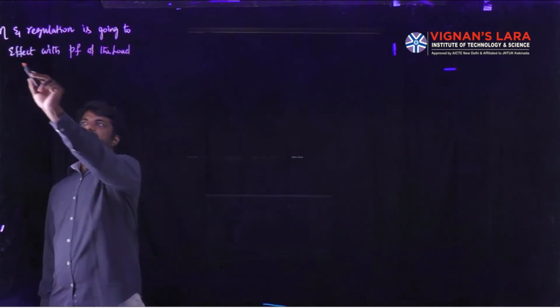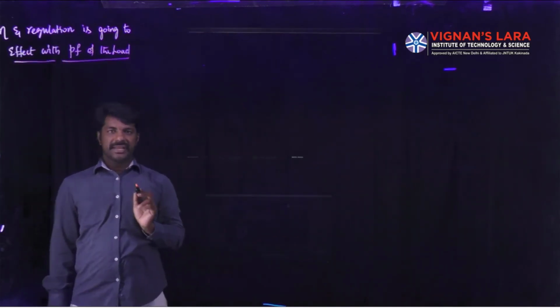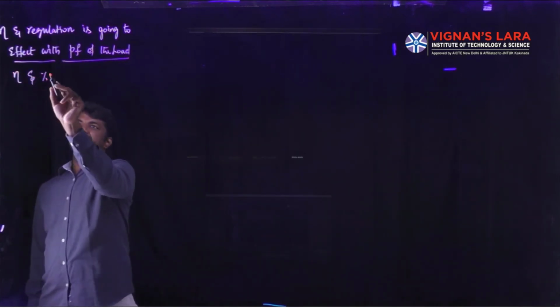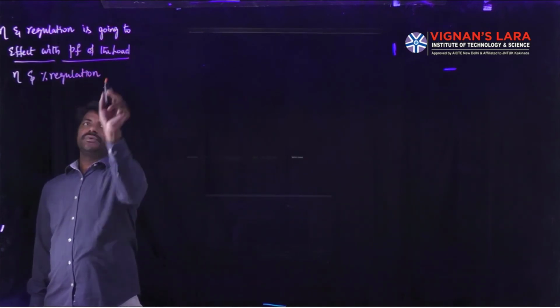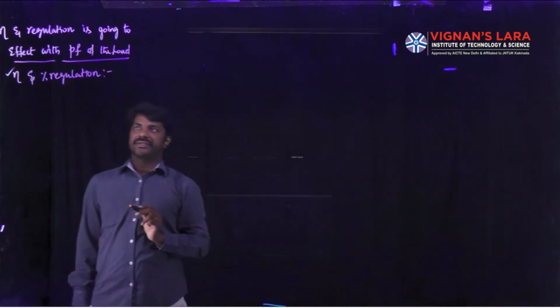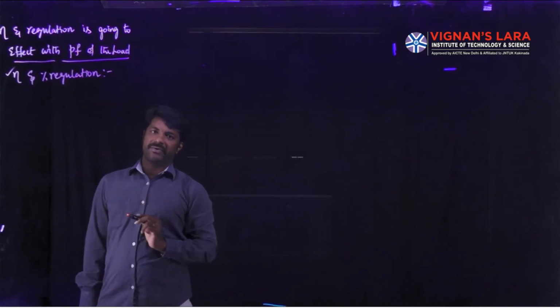Previously we discussed that the performance parameters of the transmission line are efficiency and percentage regulation. Now we are going to see how these two performance parameters are varying with respect to the variation of the power factors.